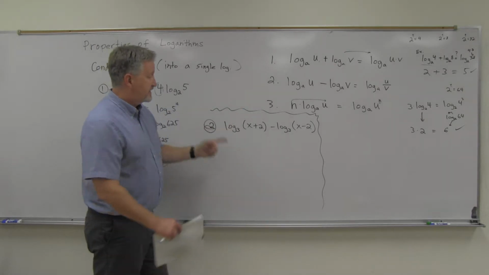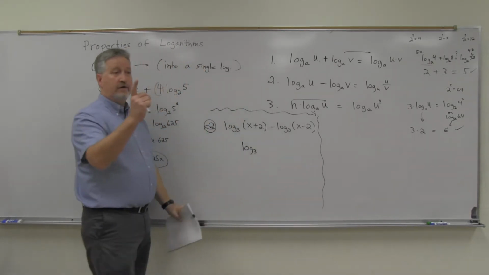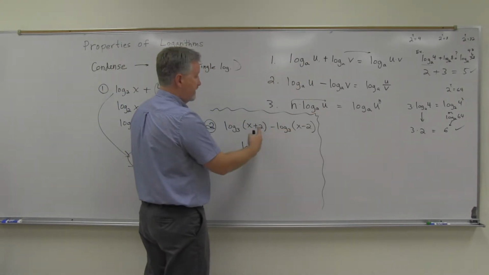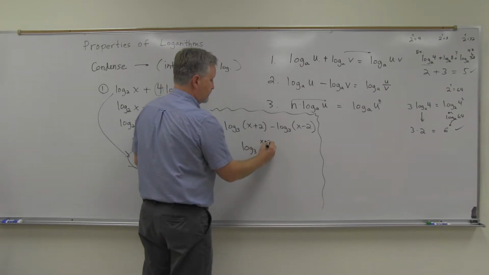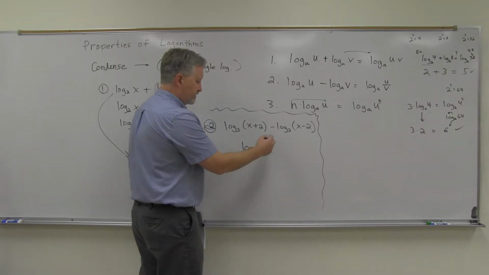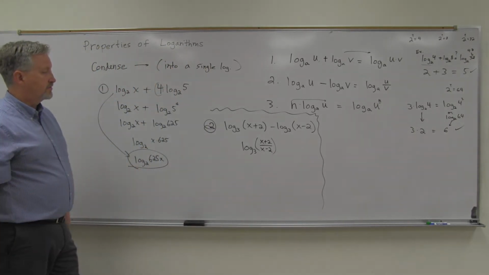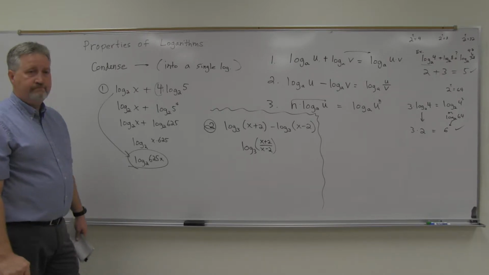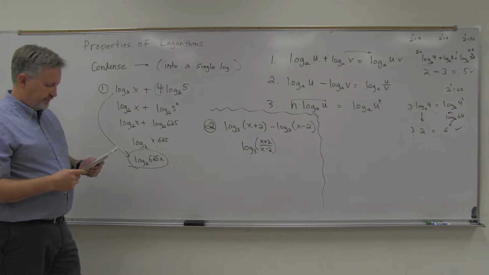By property 2, this can be condensed into one single logarithm, log base 3, and it would be u divided by v since the two logarithms are subtracted. So I'd take my u and divide it by v, so it'd be x plus 2 divided by x minus 2. And you can put parentheses around that if you want to make sure it's understood there. Okay? So that one's pretty direct.